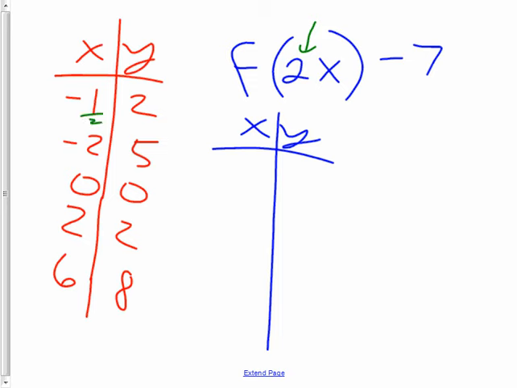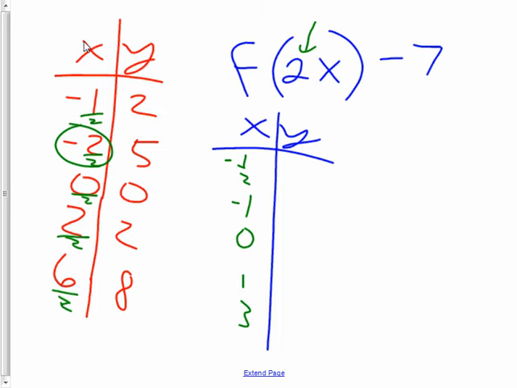So -1 divided by 2 is -1/2, and 2 divided by 2 would be -1, and 0 divided by 2 would be 0, and 2 divided by 2 would be 1, and 6 divided by 2 would be 3. Get the idea there? Okay, then my new x points are -1/2, -1, 0, 1, and 3.